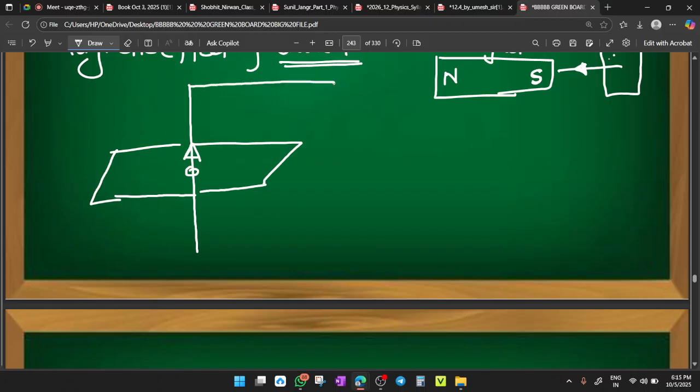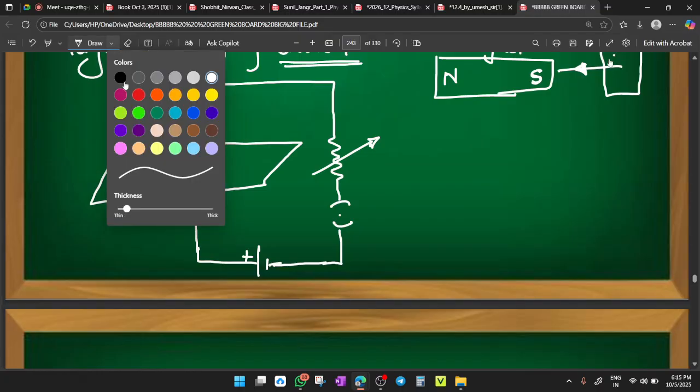Now he provided the connection. A rheostat is there to vary the amount of current, a tap key is there to switch on and off, and a battery is there, plus and minus. He made such a connection, and when he switched on the battery, the current flowed.